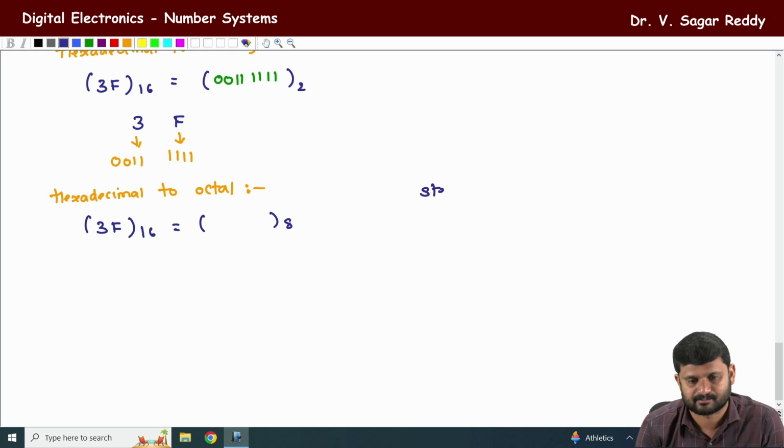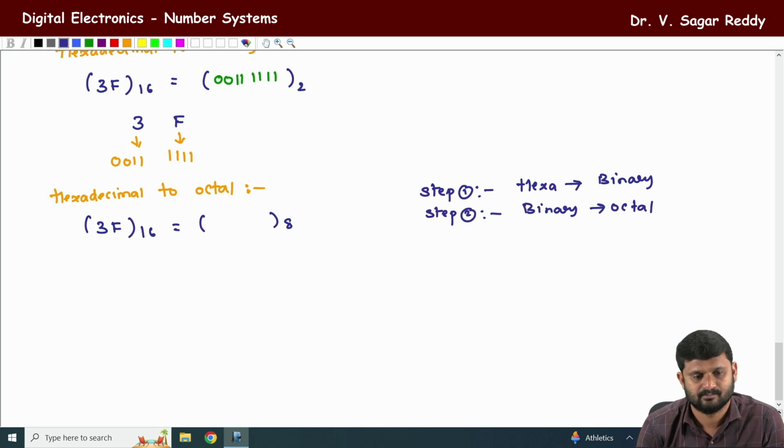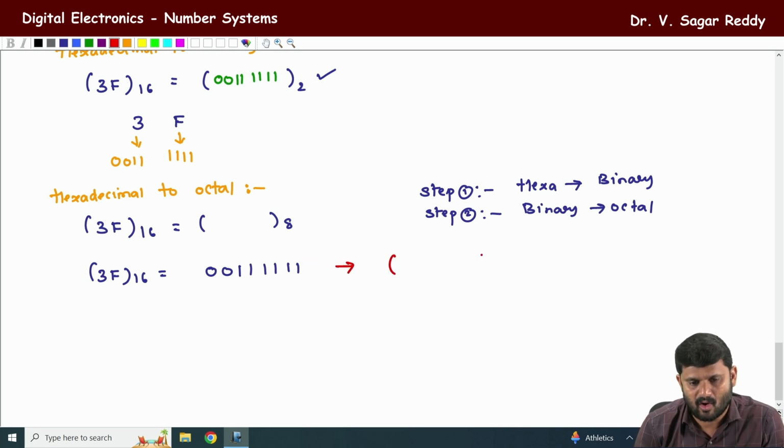Step 1 is to convert this hexadecimal first to binary, then step 2 is binary to octal. First we convert 3F into binary, as we just did. The equivalent binary number is 0, 0, 1, 1, 1, 1, 1, 1. Now we'll convert this binary number into an octal number.